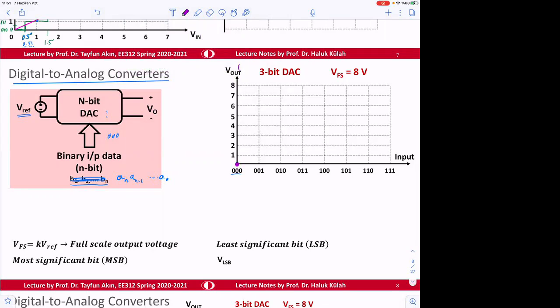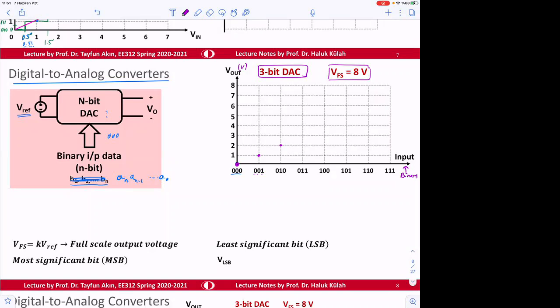So this is in terms of voltage. This is the binary input. This device is going to give you 1 volt for the next input, and if the input is like this, it's going to give you 2 volts. Again, for convenience, we selected the full scale to be 8 volts and a 3-bit DAC.